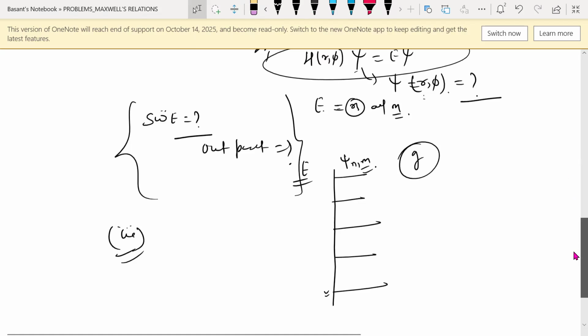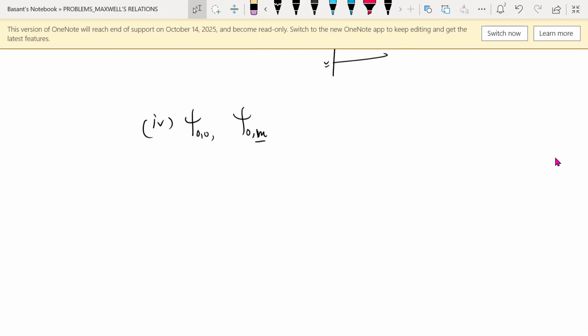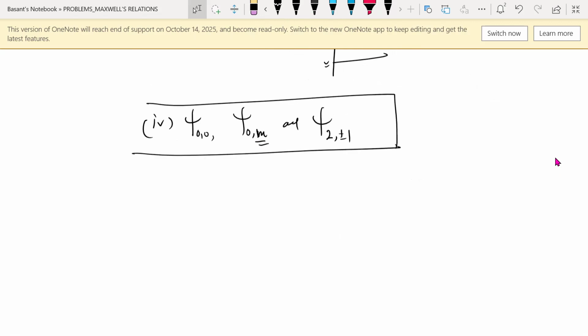After that, lastly, we represent wave function 0, 0, wave function 0m, and wave function 2, plus minus 1 in this topic.